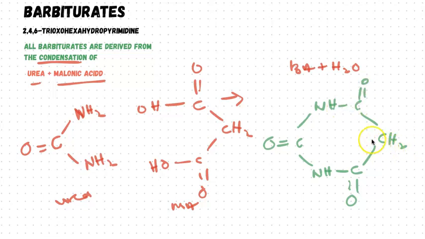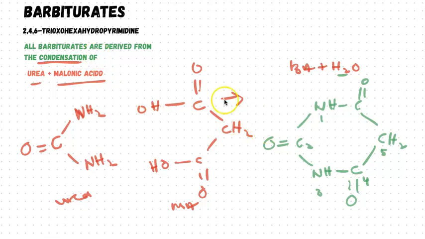And we have ourselves barbituric acid and water. If we want to count the structure, it starts with N over here being number 1, number 2, number 3, number 4, and number 5.